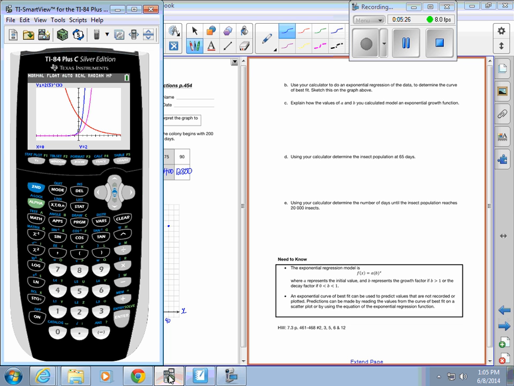Okay, I'll just use my data from here. I'm going to have to quit. I need to clear these, otherwise it's going to mess up our data. Okay, so I want to edit because I'm going to put in my data. I need to go up here and clear it.